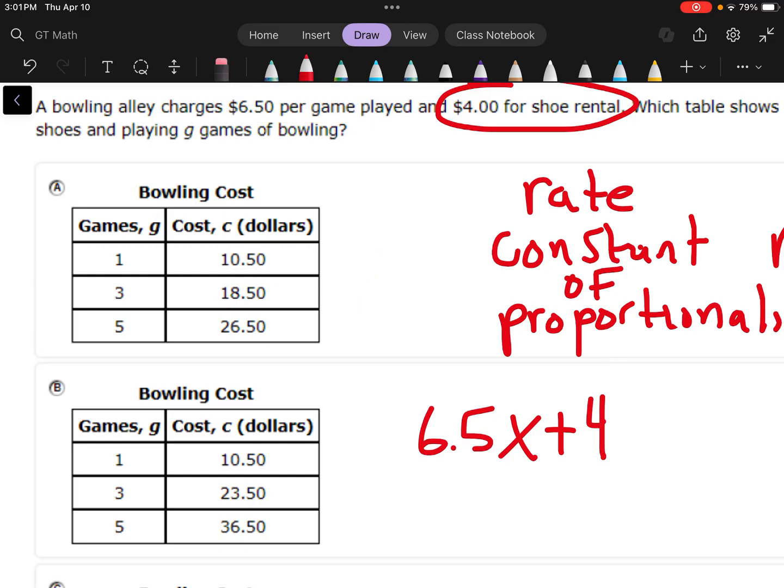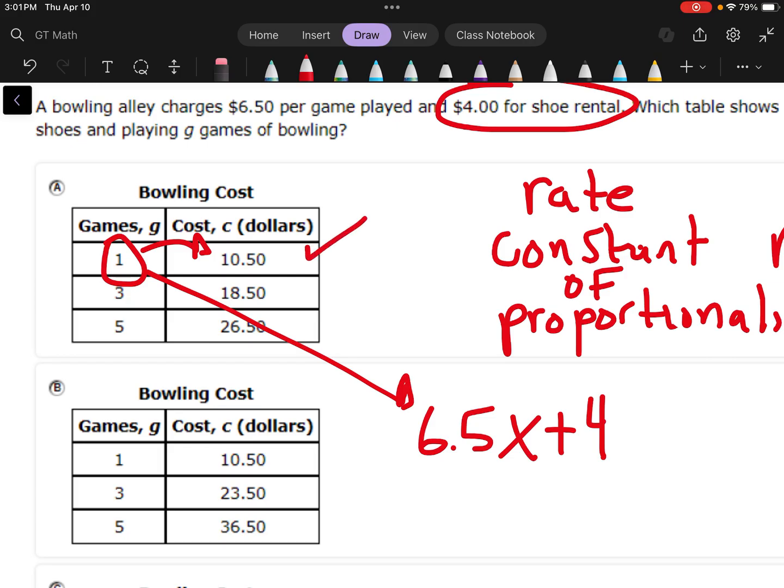All right, so in this scenario, there are two ways to solve this. Option one, plug your x values in and see if you get your y value. If I plug in 1, I would do 6.5 times 1, 6.5 plus 4 is 10.5. Checks out.